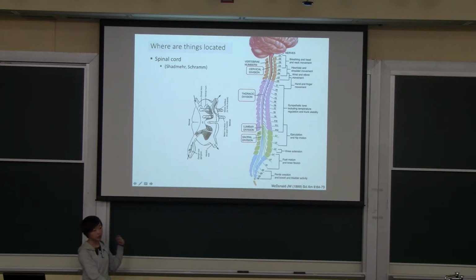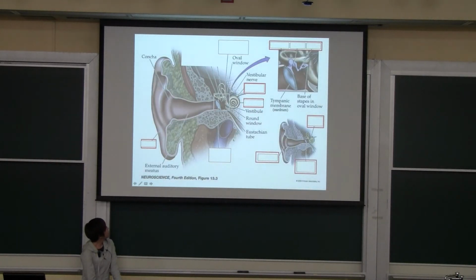So dorsal is where sensory signal goes in, and ventral is where you output the motor commands. Okay, I don't think I need to go through all this memorization. These are just slides from the first review session. You can go through it by yourself.